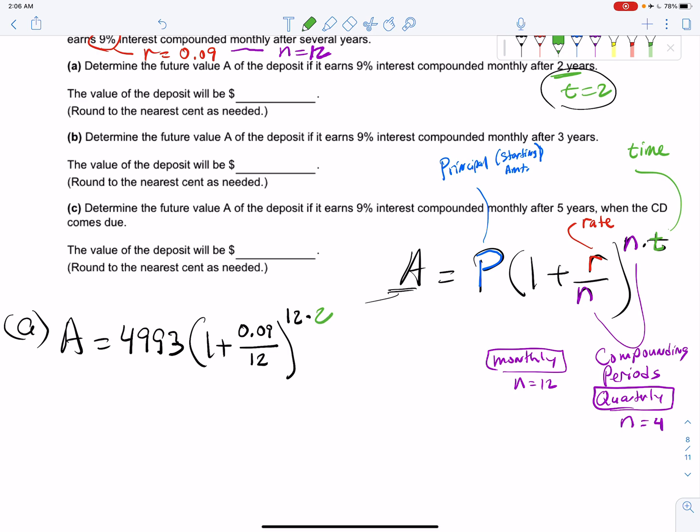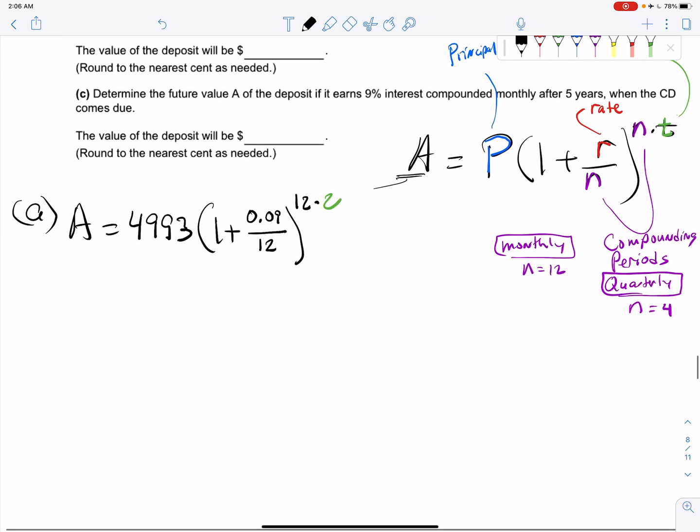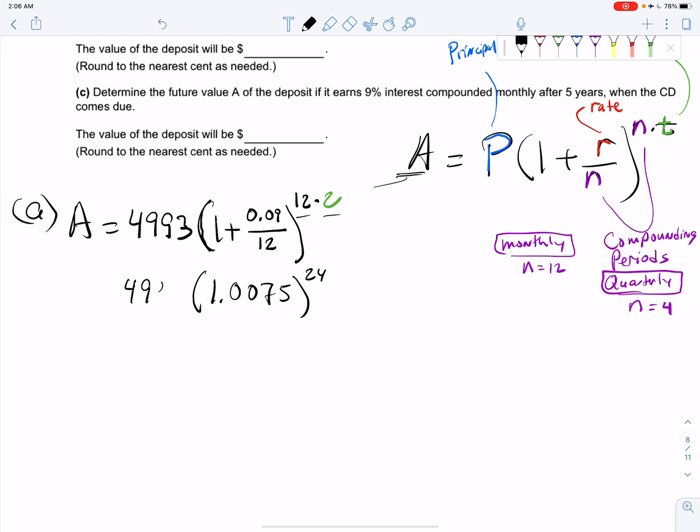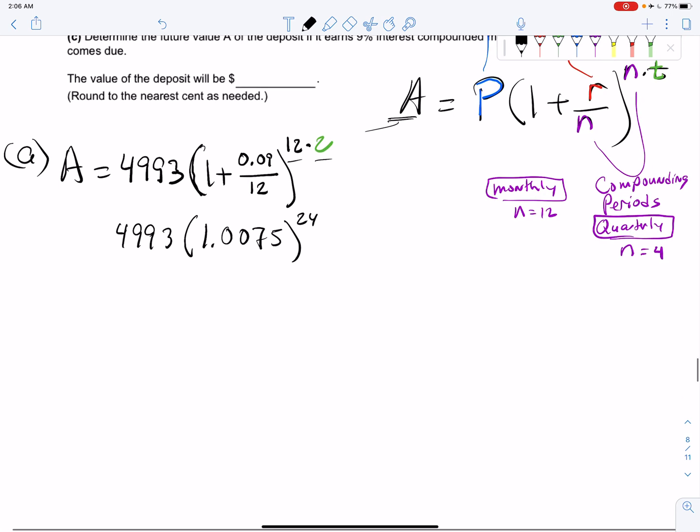All right, so now we simplify this down just a bit. And remember order of operations in the parentheses. Got to do that first. So you're going to type in 0.09 divided by 12 plus 1. And when you do that, you get 1.0075. Of course, 12 times 2 is 24. So now you need to do the next bit of fun that is order of operations. You take that base raised to the 24th power and then multiply it.